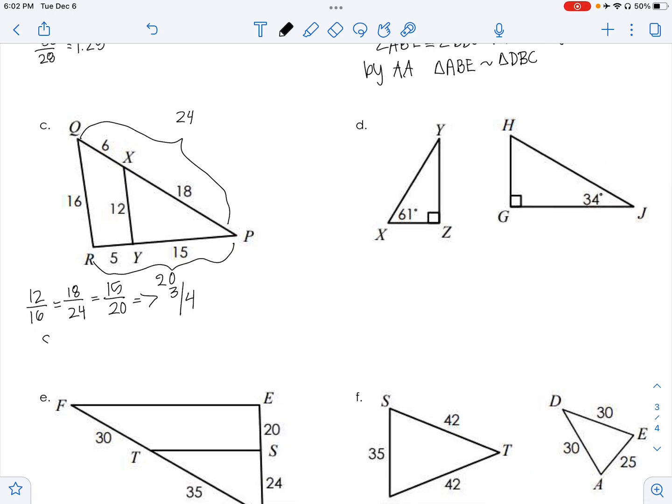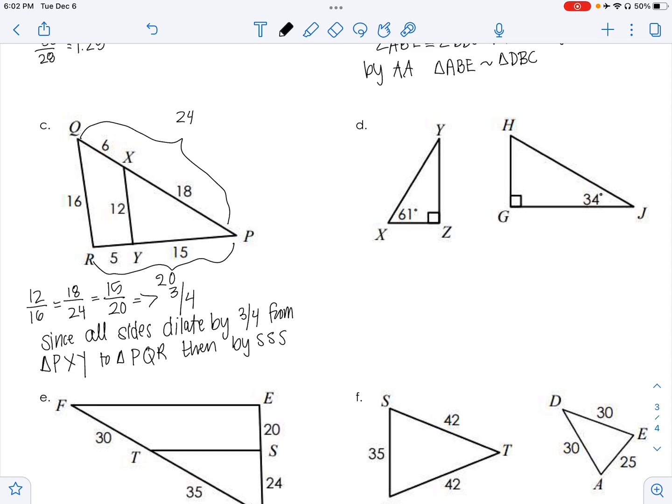So justification: since all sides dilate by 3/4 or 4/3, from triangle PQR to triangle PXY, or backwards, PXY to triangle PQR, then by side-side-side, since we know everything about the sides.